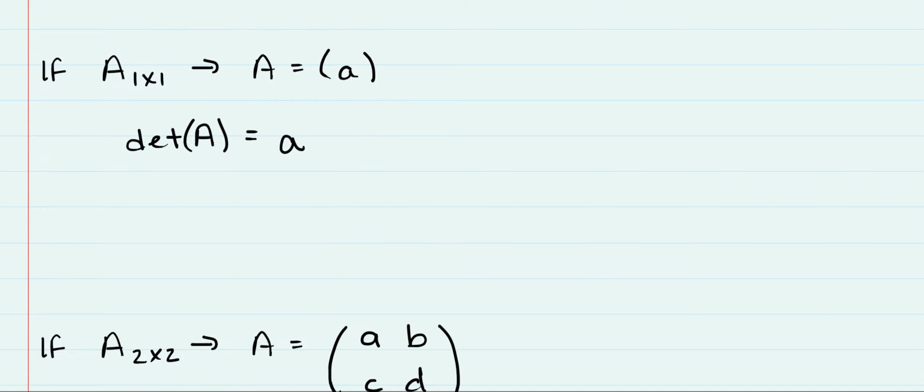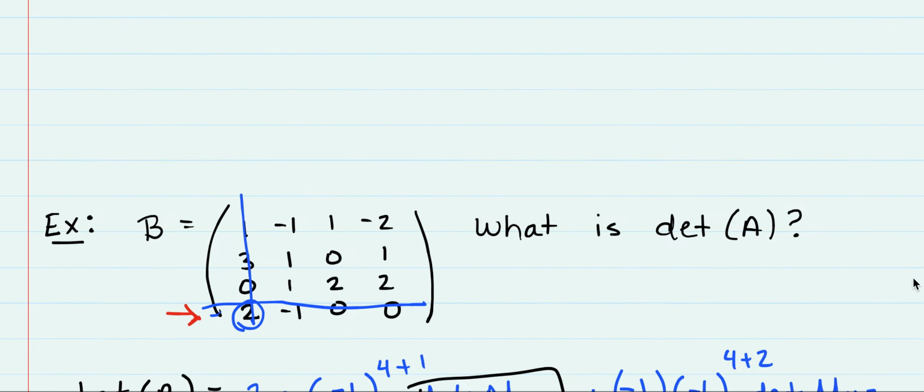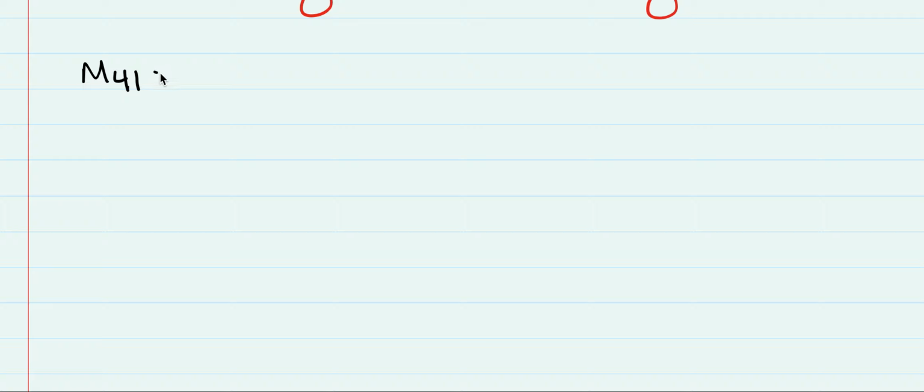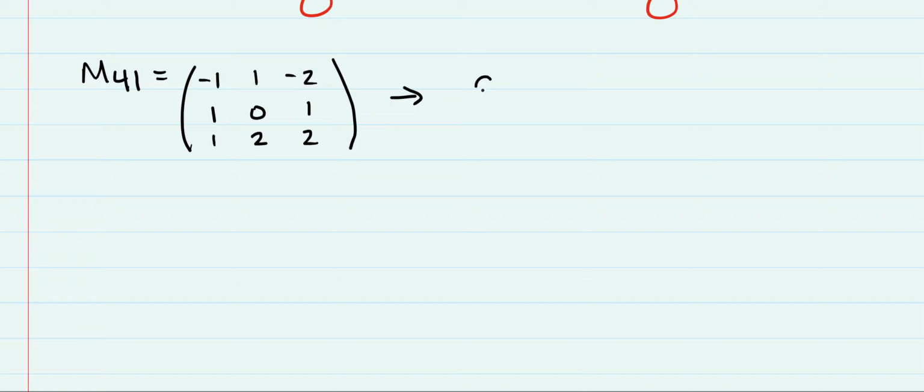Let me scroll back down. Okay, so we need to find the determinant of this matrix. And now we have to apply that formula again. Now, as I recommended, when you have a matrix, you always want to go down the row or the column that has a 0. So let's go along this row.